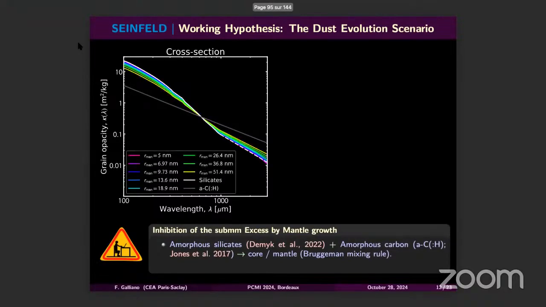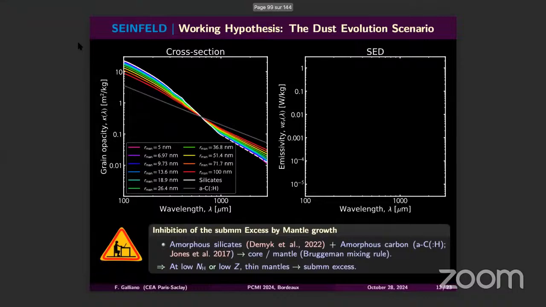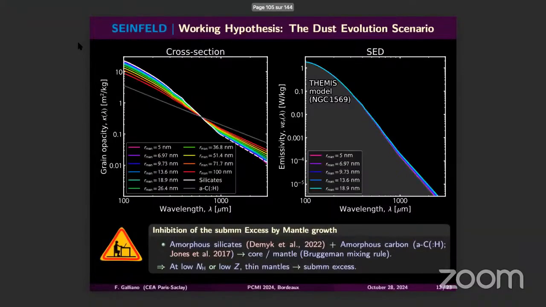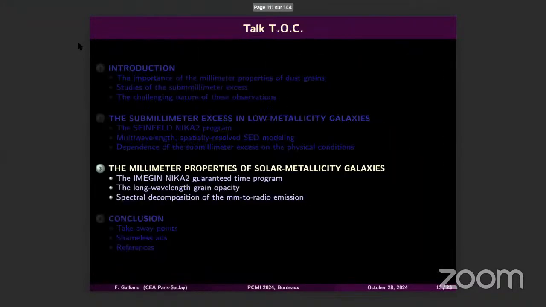So you can flatten the slope a bit, and it means you can smooth out the excess that you see. There are a lot of combinations of grains that we can try and that we are slowly starting to do. And the idea is to explain the variation of the excess.